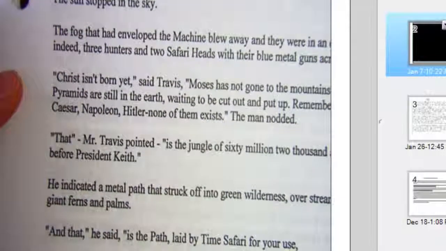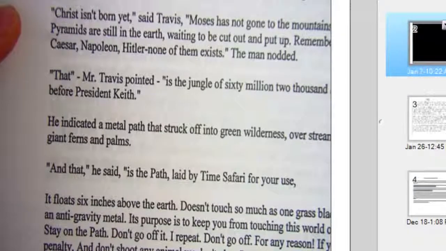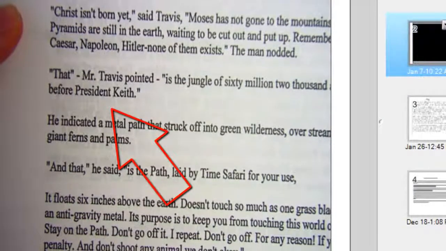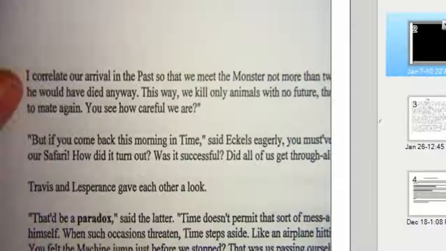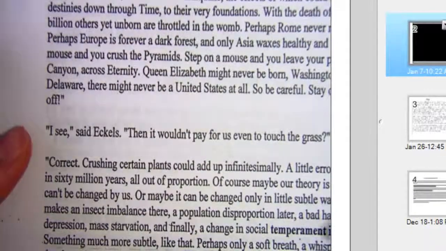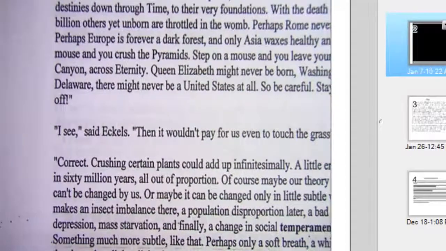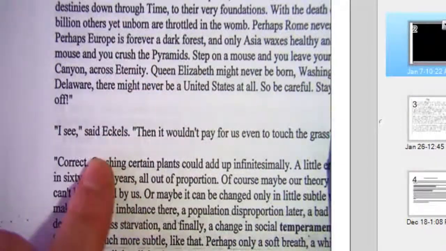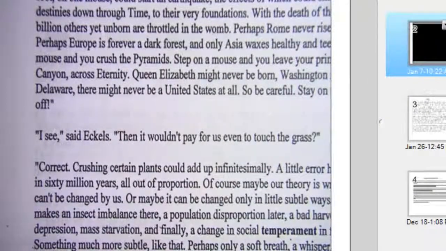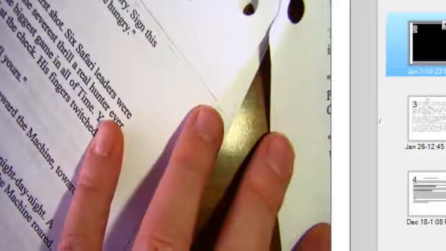on page 3, because they're talking about President Keith no longer existing. And also on page 4, I believe. I'm going to say 50 million years. Yeah, page 3.